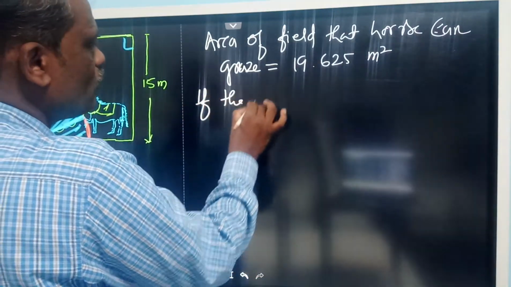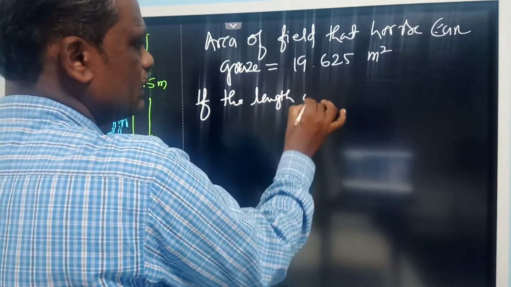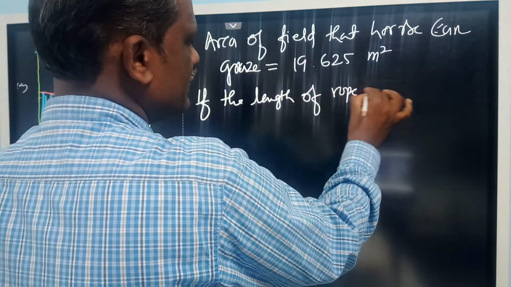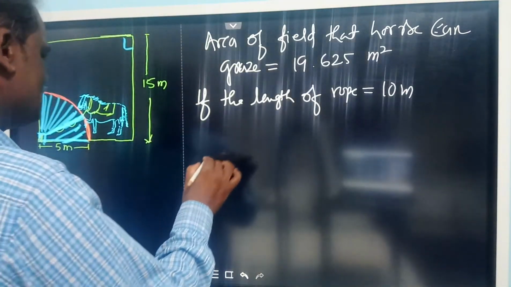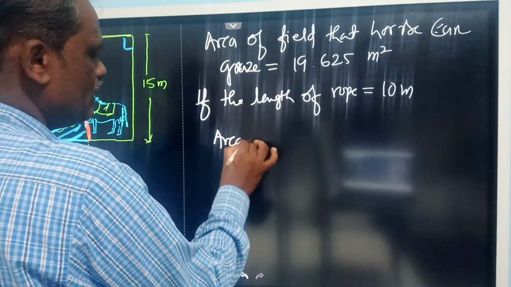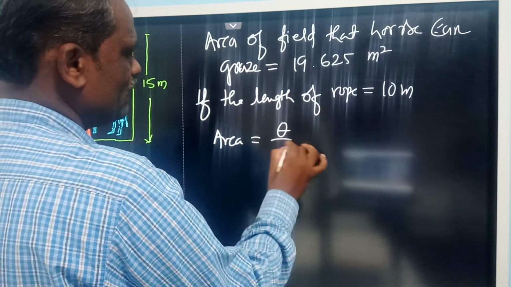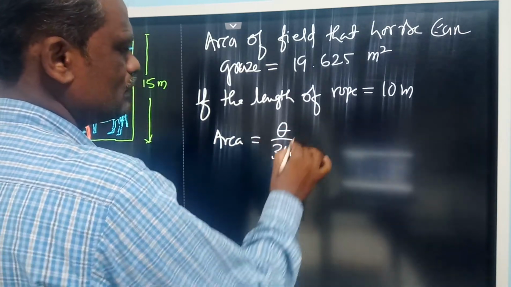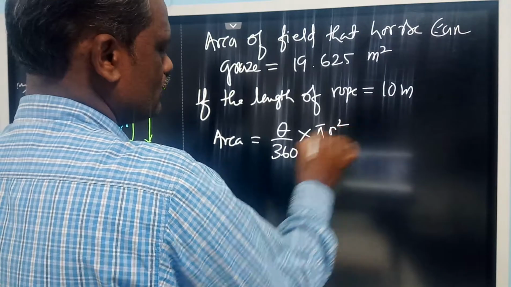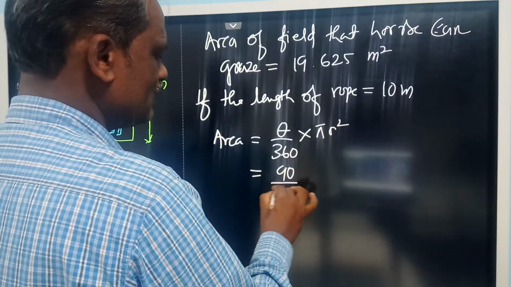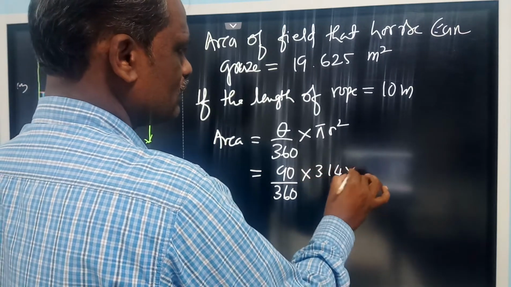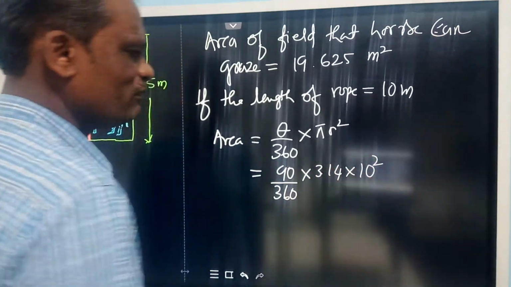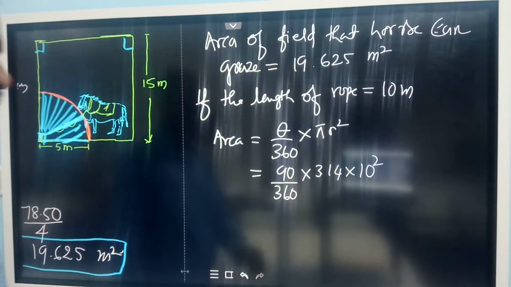If the length of the rope is 10 meter long, then what happens? The area of the grazing field will be theta divided by 360 into pi r square. So here 90 divided by 360 into 3.14, radius here 10 square. Instead of 5 square it becomes 10 square.